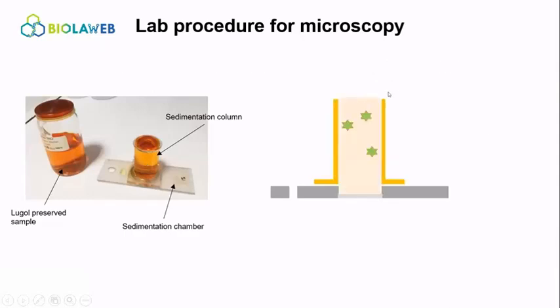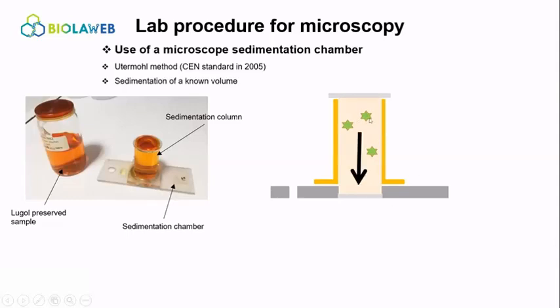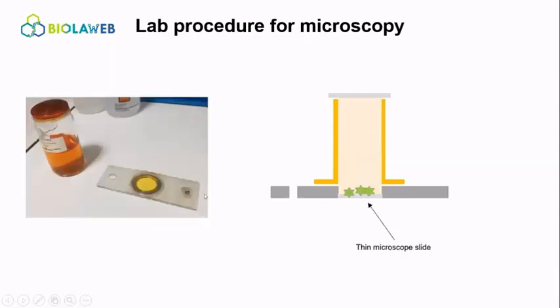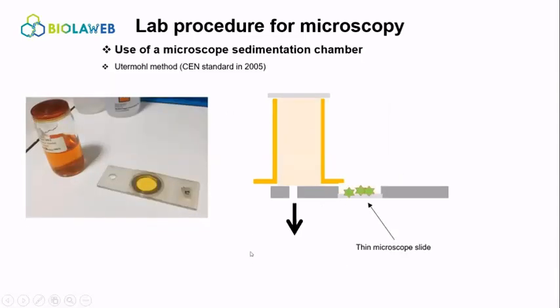You put all your sample here, for instance, 25 milliliters. The algae sediment settles down on this small slide, and then you remove the column and you look at it on the microscope.